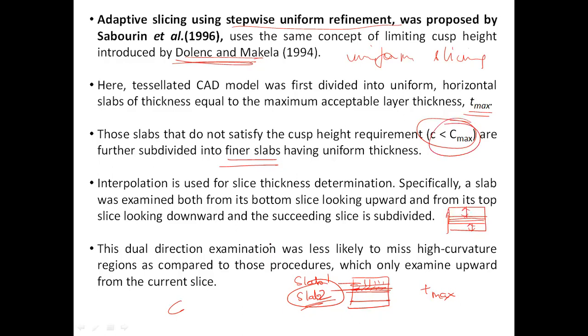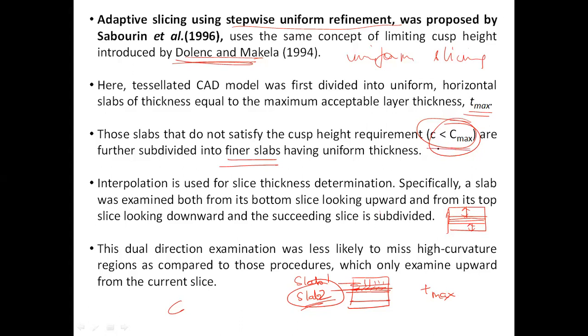So I'll just explain it again. Initially they took Tmax as taken by Dolinek and Makla. Once the Tmax was identified, Cmax was also identified. Taking Cmax as the value, they found out the value of cusp height for each of the slabs.